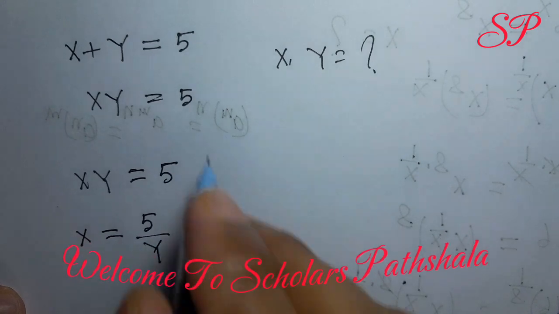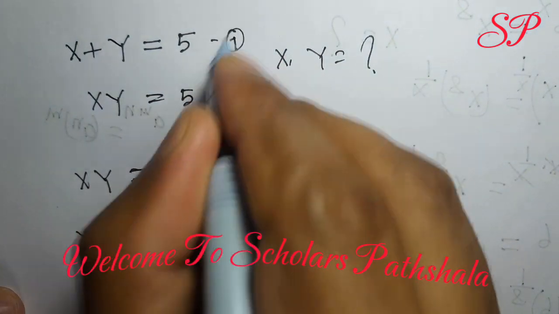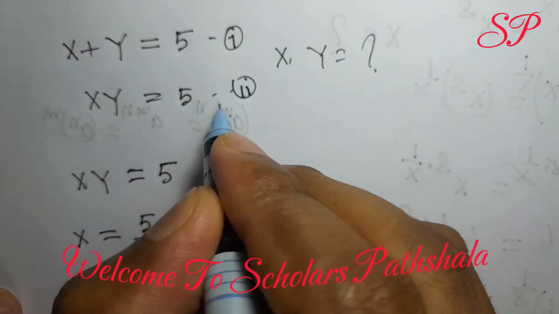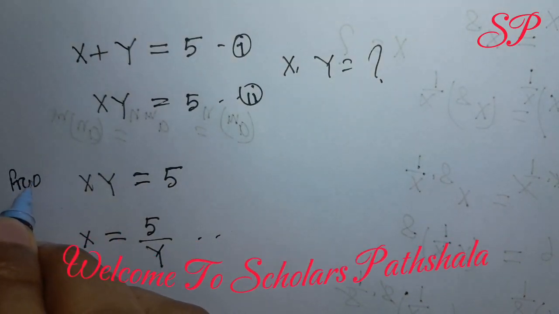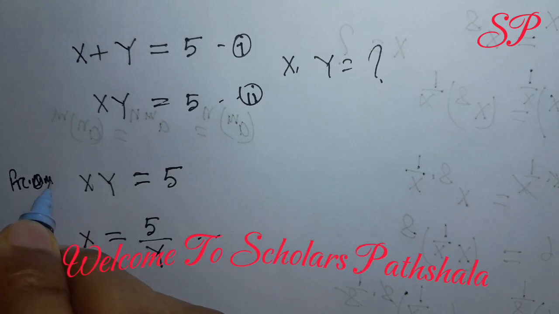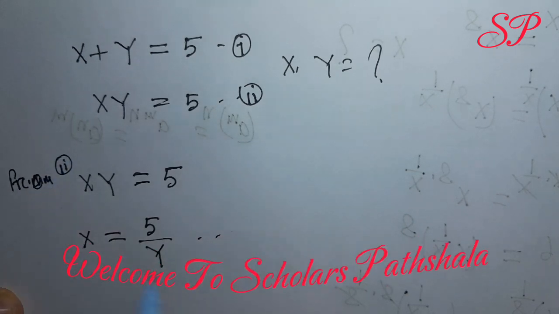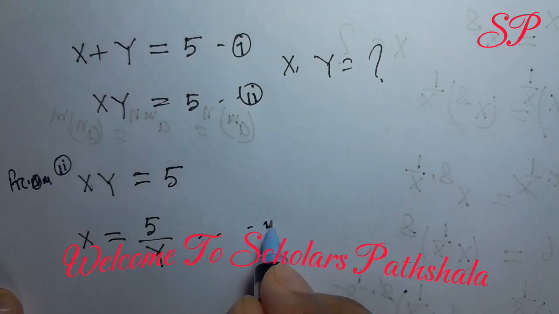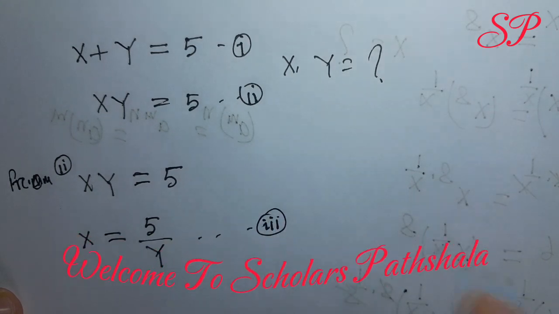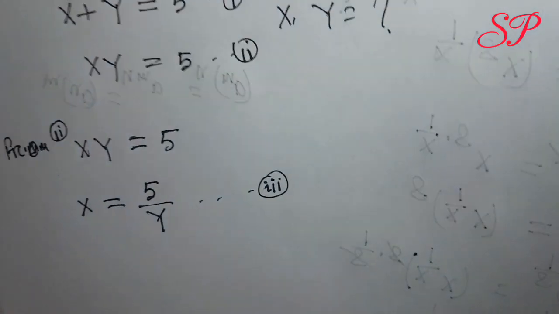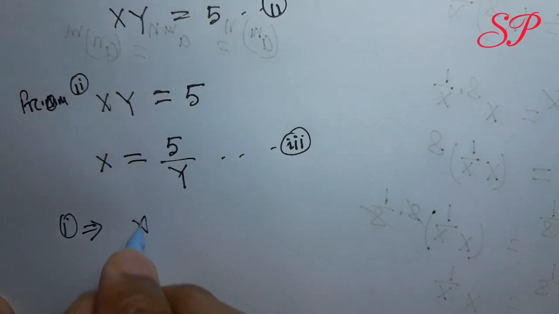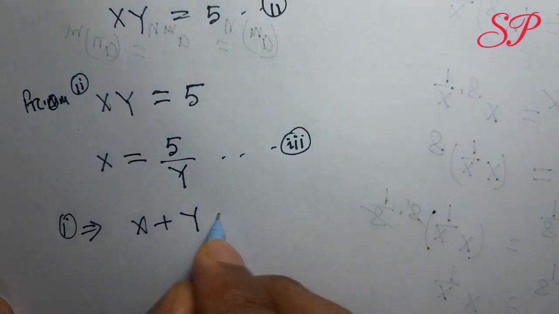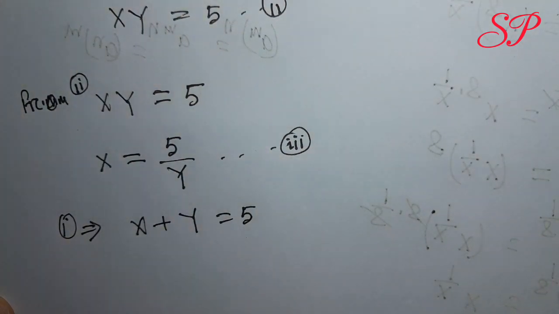Thus, we label these equation 1 and equation 2, and from equation 2 this is equation 3. Putting this value in equation 1, from equation 1 we can write x plus y is equal to 5.